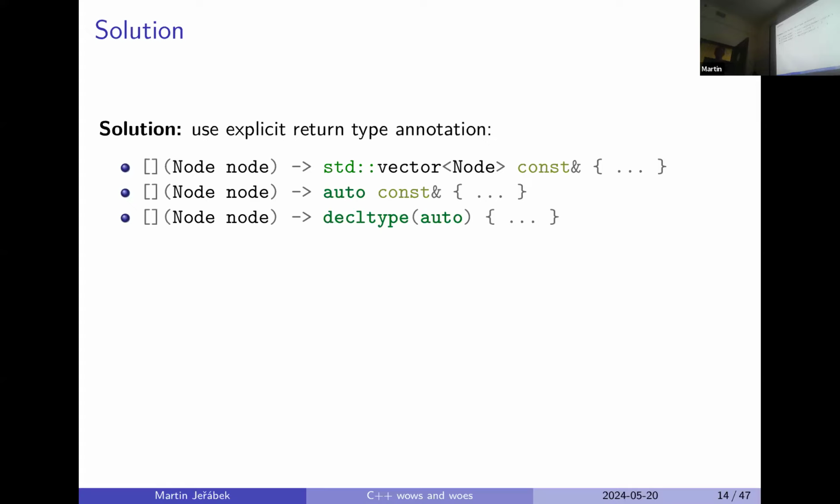Auto is going to use the template type deduction, so it's going to remove the reference stuff, and decltype is going to take it. Exactly. decltype(auto) behaves like decltype, so it exactly takes the type of the returned thing, but auto has the template argument semantics.